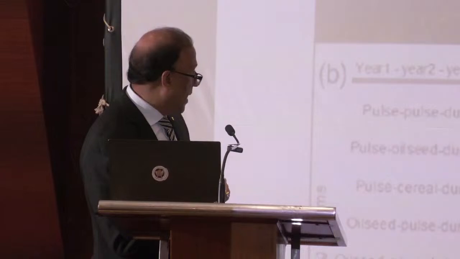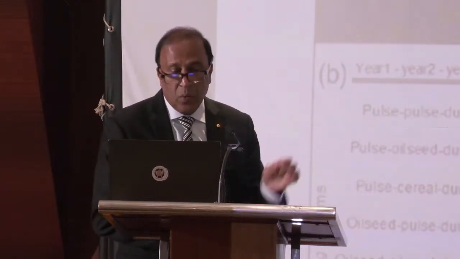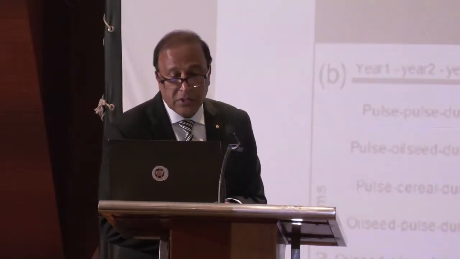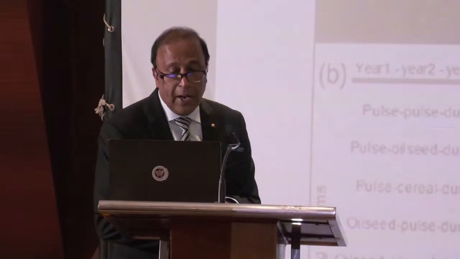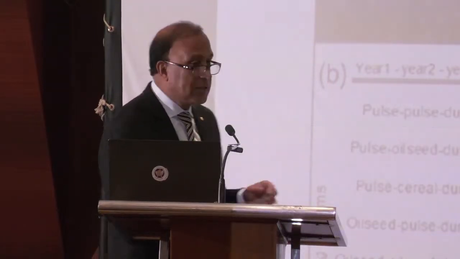If you look at the top graph, that is pulse durum rotation. And what is shown is carbon dioxide equivalent per kilogram of grain. So basically, if you say this is 100%, that's a 34% reduction. Very simple, and that's how we need to show the politicians how the system can work out.